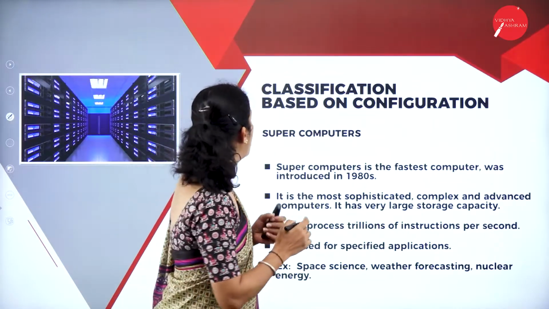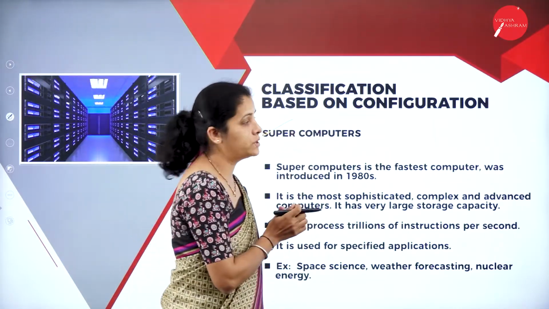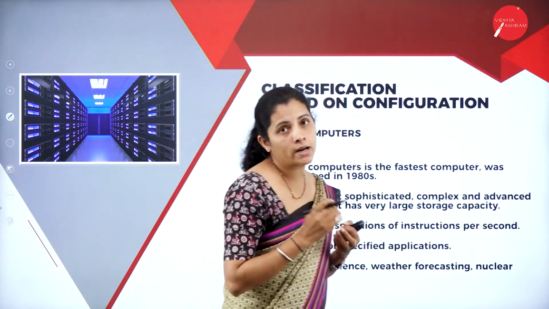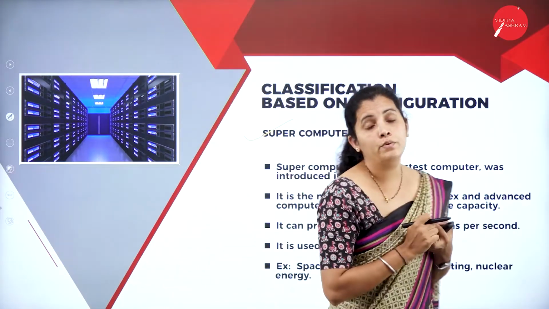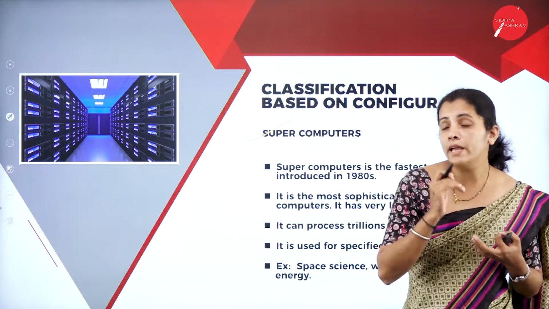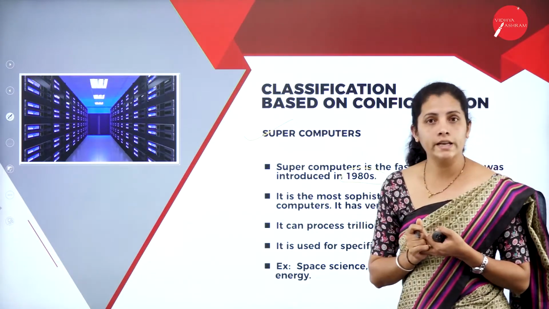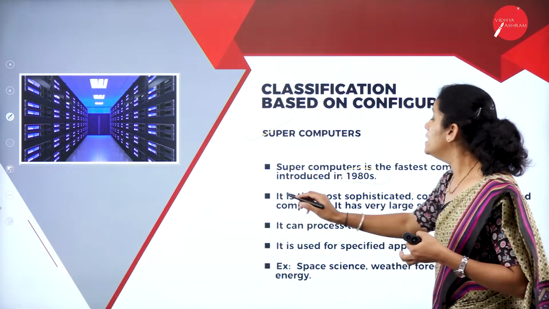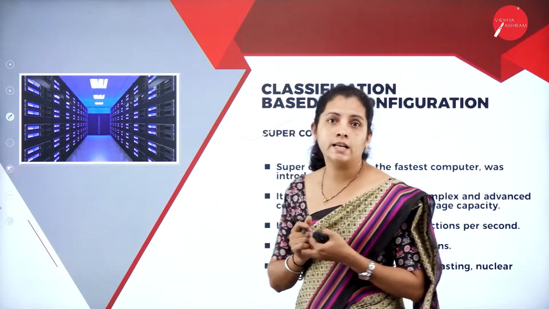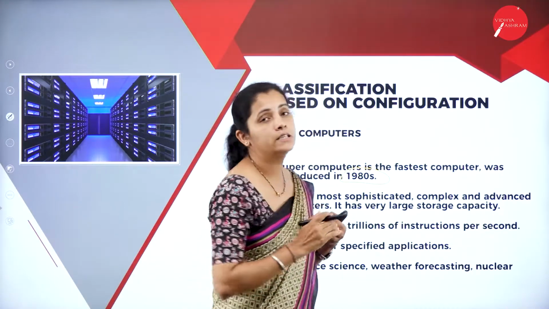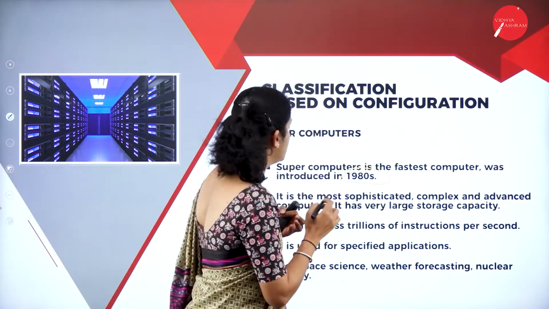Then we are going to have the supercomputer. Here the supercomputers are faster than mainframe computers, and they were introduced in the year 1980. It is the most sophisticated and most advanced computer system.